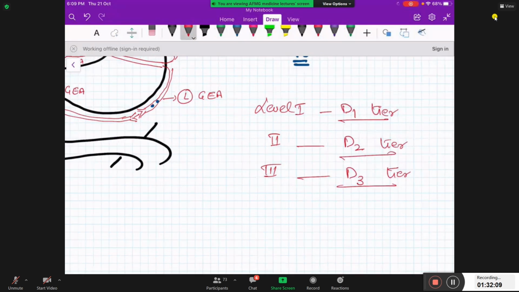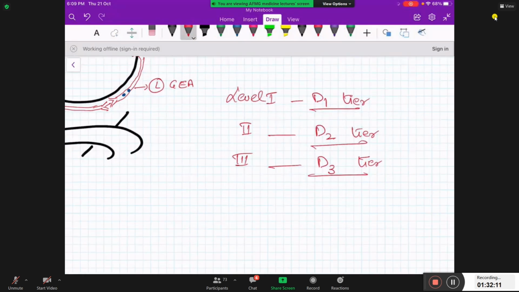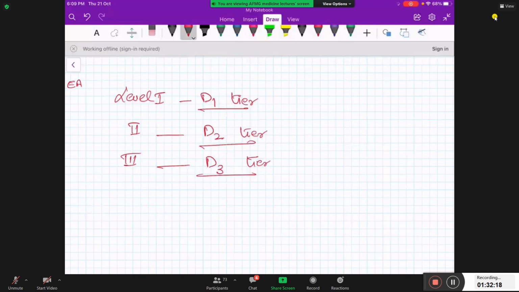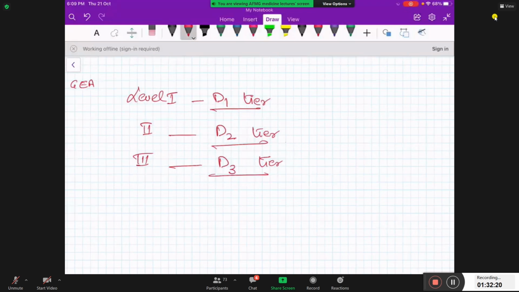Right? हमें ज़्यादा डिटेल में नहीं जाना. हमें सिर्फ इतना याद रखना है कि D2 tier includes lymph nodes along the hepatic artery, splenic artery, and celiac artery.